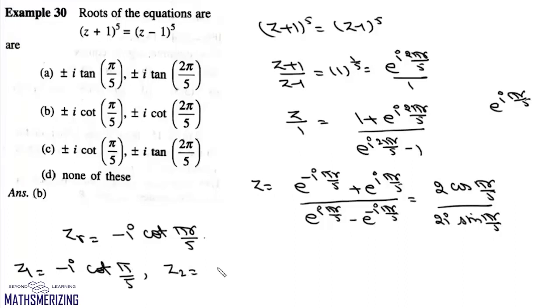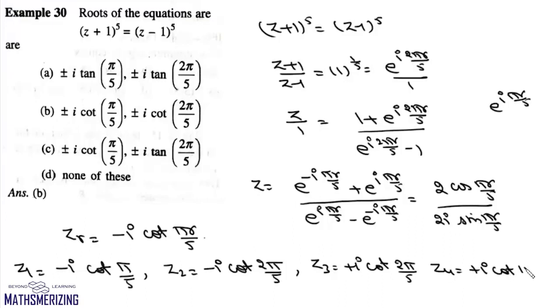Now we put r as 2, we'll get minus iota cot 2 pi by 5. z3 is minus iota cot 3 pi by 5, and 3 pi by 5 is pi minus 2 pi by 5, so it will be plus iota cot 2 pi by 5. In the same way, we can write z4 as plus iota cot pi by 5. So the roots are plus minus iota cot pi by 5 and plus minus iota cot 2 pi by 5, which is your option B.